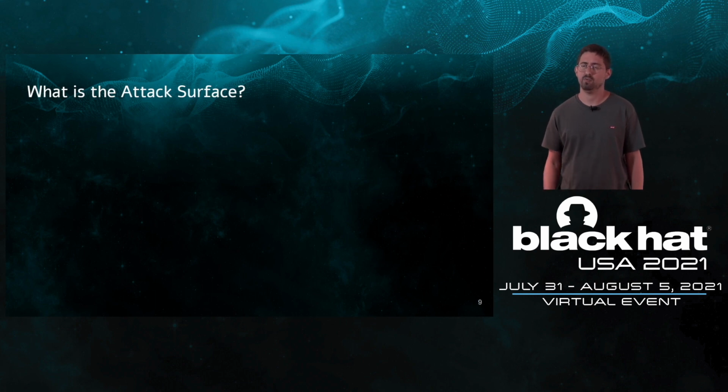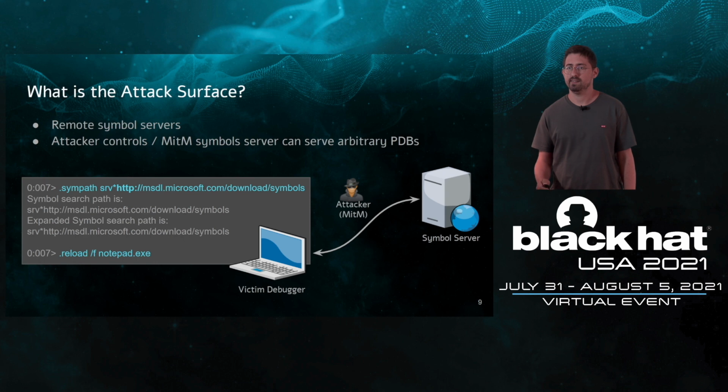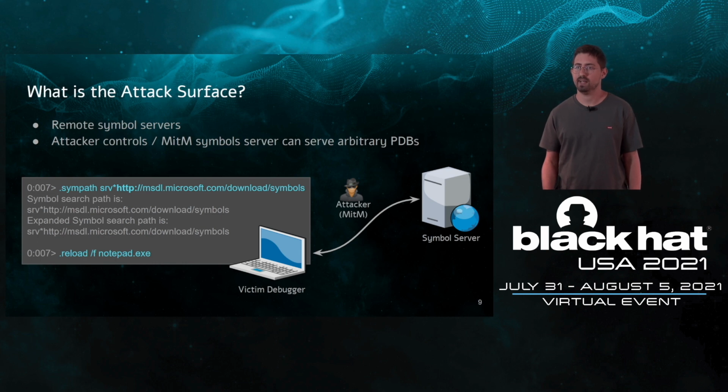And then I decided to look for an attack surface to exploit those bugs. My initial thought was to use remote symbol servers. Remote symbol servers are a feature of debuggers. When you debug some program, you can set the path to a remote symbol server either by HTTP or SMB, and then the debugger would fetch symbol files from that server throughout the debugging session.